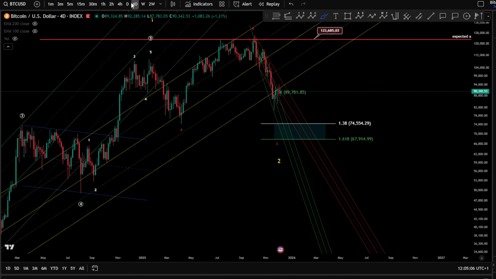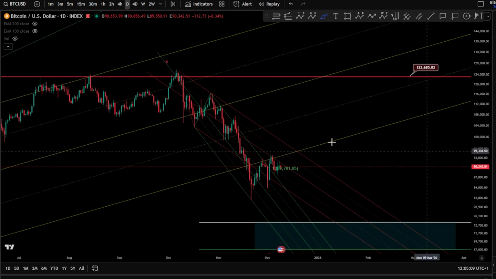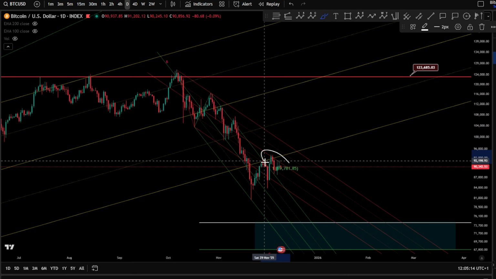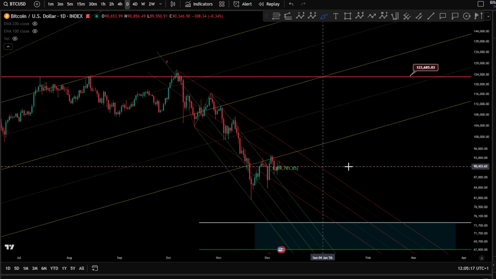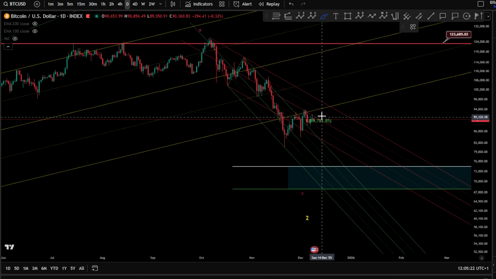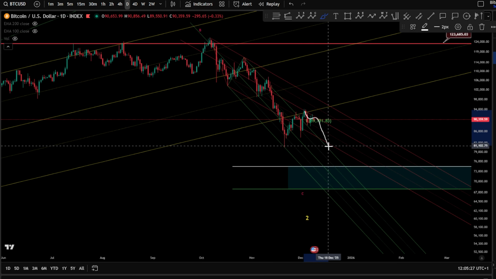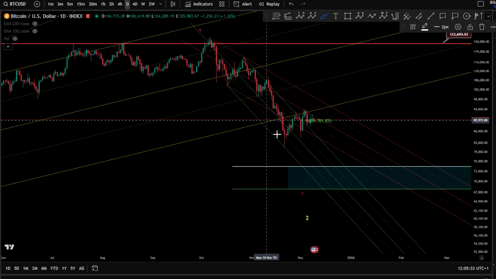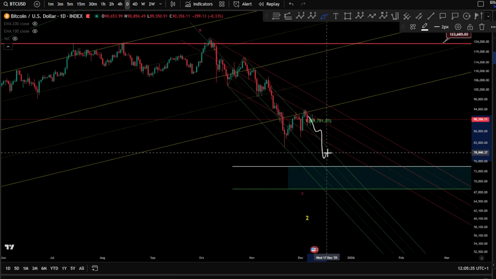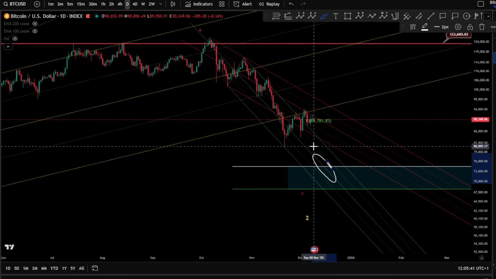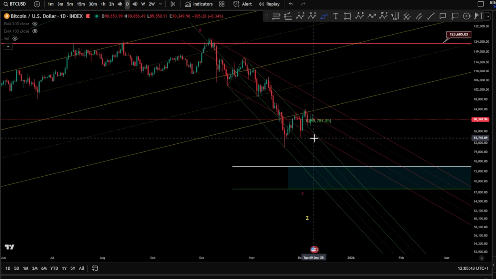Regarding the new base channel, the red one taken from the wave 1 and based on the wave 2, we can see that the price is also ranging in the middle line, as it's supposed to be always in an impulse wave 4, where we see the wave 4 coming back to the base channel, hitting the middle line, and using it as a support to enter again the acceleration channel taken from the wave 2 based on the wave 3, where we would like to see the wave 5 getting inside it impulsively, at least to reach the middle line of this acceleration channel.